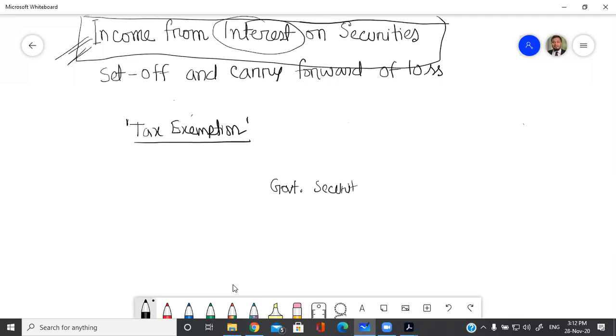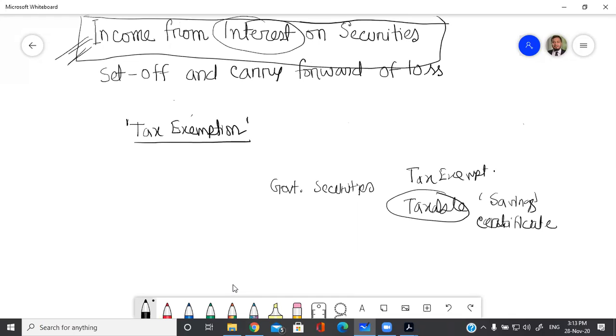Some government securities are fully tax exempted, like treasury bills. But there are some government securities which are taxable. So what are those examples? Savings certificate is an instrument, a security issued by the government, but it is in the taxable category, not the tax exempt category.